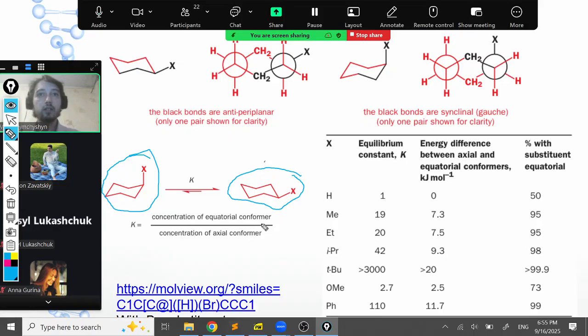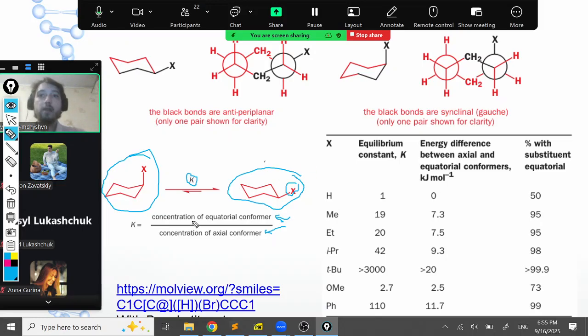I can calculate this proportion, like the concentration of the equatorial conformer divided by the concentration of the axial conformer. So the higher the value K, the more this chemical likes to be in the state when that substituent X is in the equatorial position.